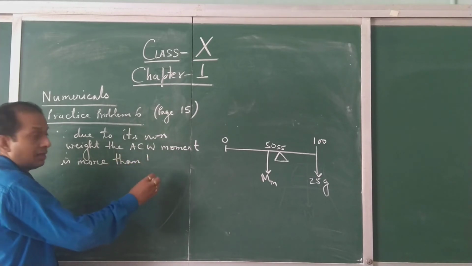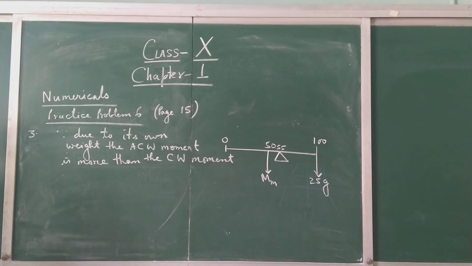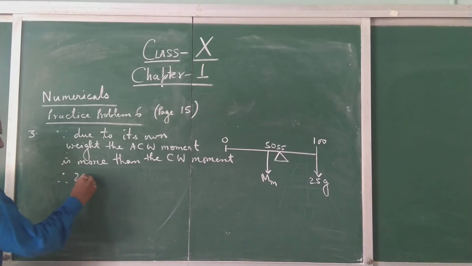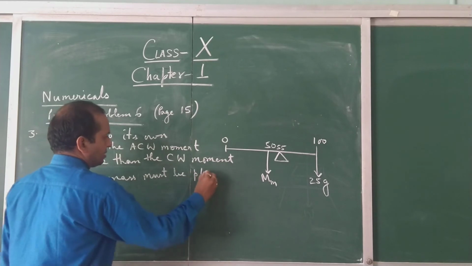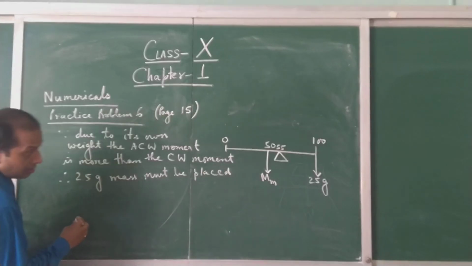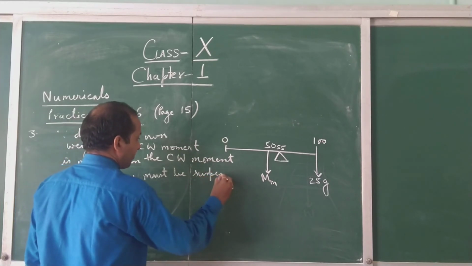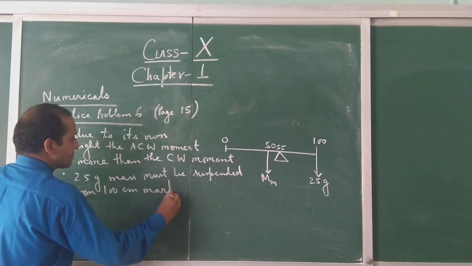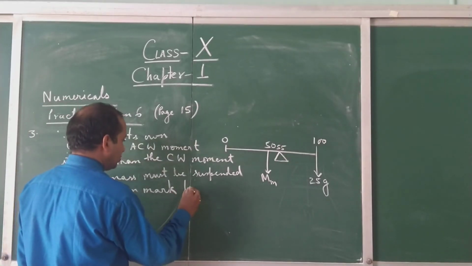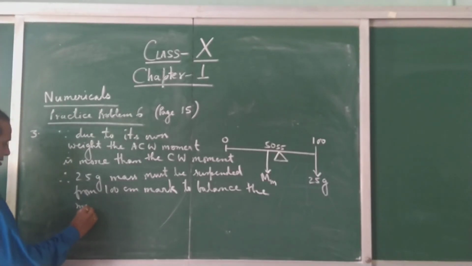than the clockwise moment. Therefore, 25 gram mass must be placed or must be suspended, write down suspended, from 100 centimeter mark to balance the meter scale.